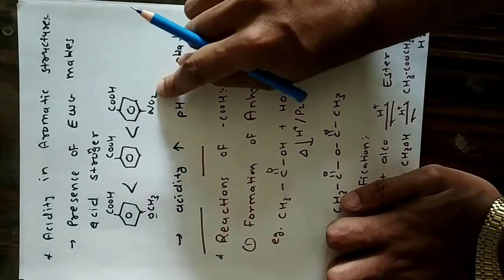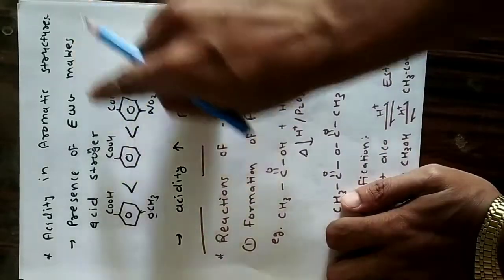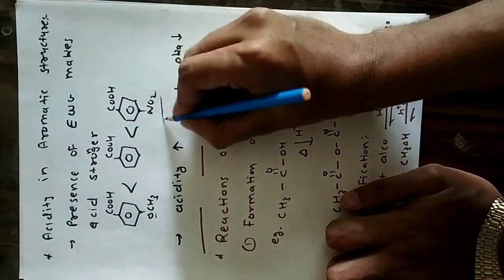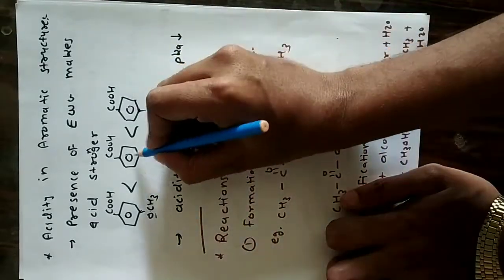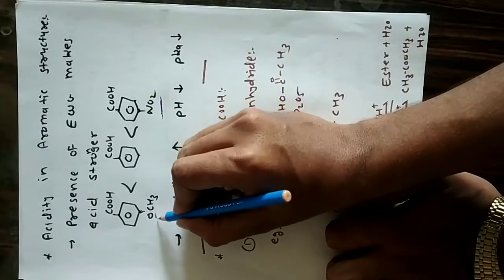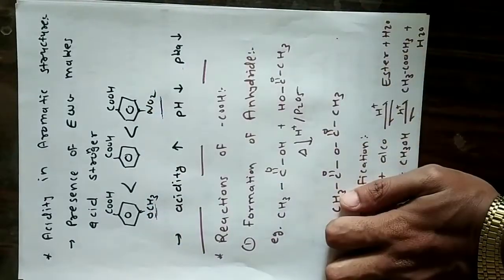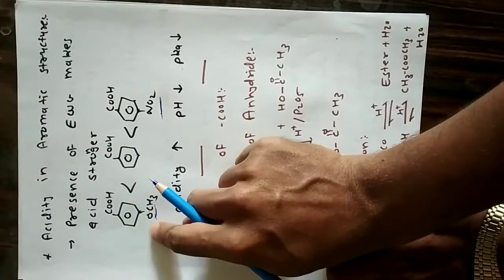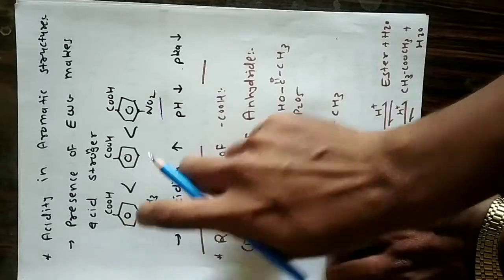So presence of electron withdrawing group makes acid stronger, so it has the most acidic property, more than COOH only. Then electron donating group makes acid weak. So this is the least acidic structure.